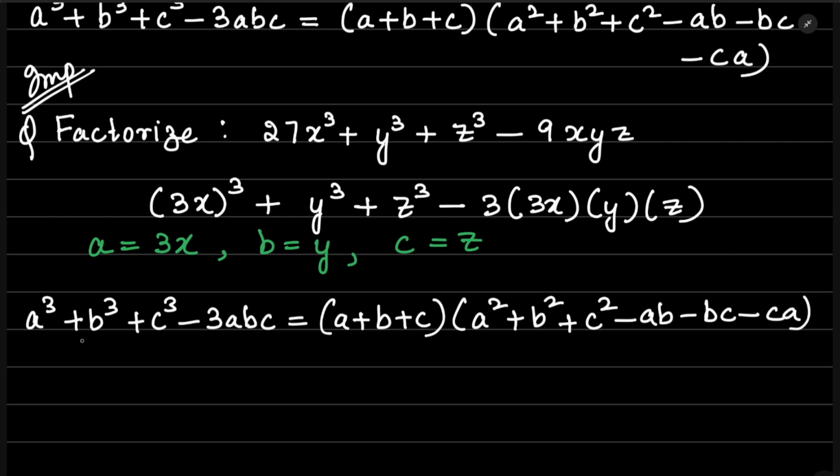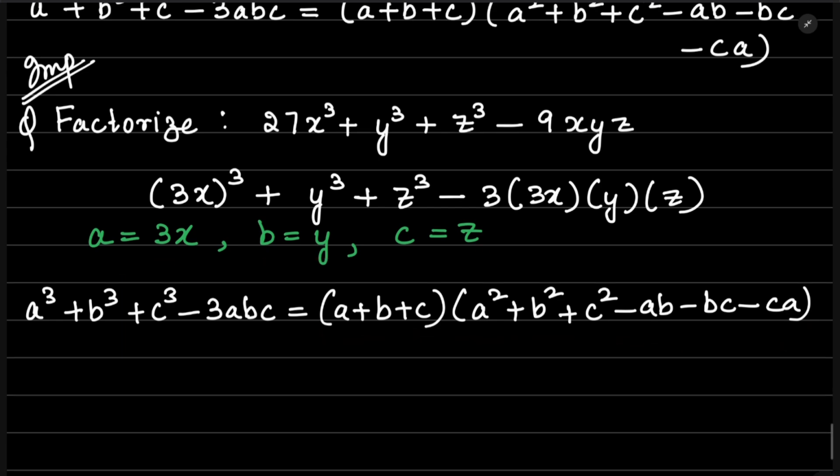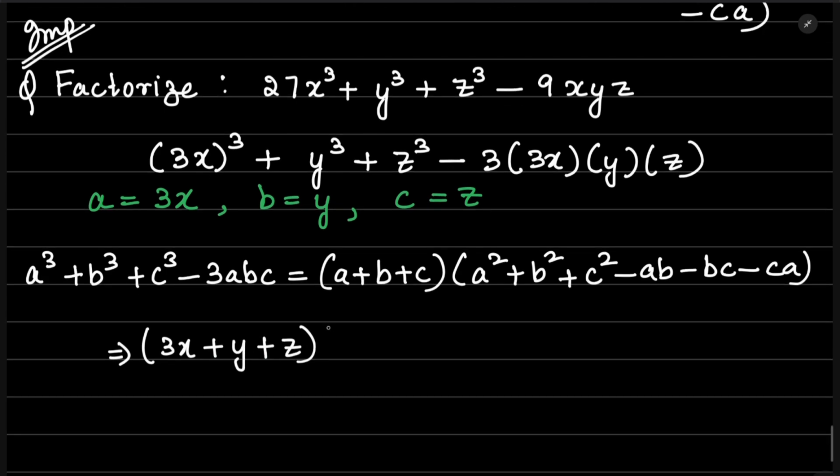In place of a, b and c, we just substitute the values. So what do you get? A plus b plus c is 3x plus y plus z. Then I'm going to put a square bracket, because a square is the first term: 3x the whole square plus y square plus z square minus ab.